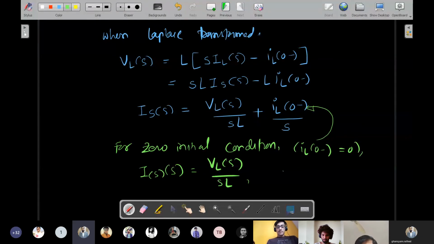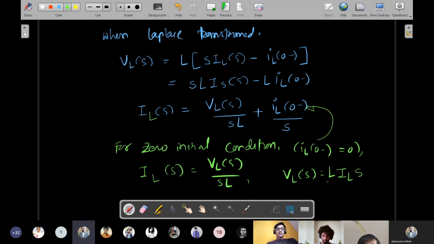Yes, here it is a little changed; this one is capital L. So the voltage across the inductor can be written like this.